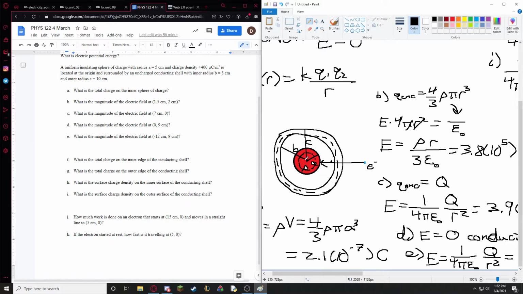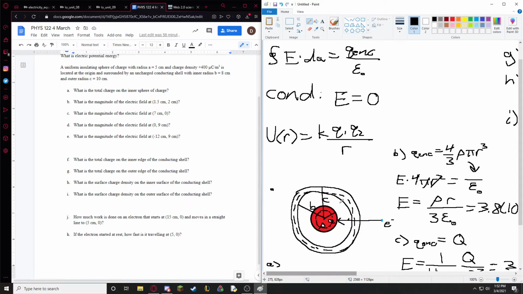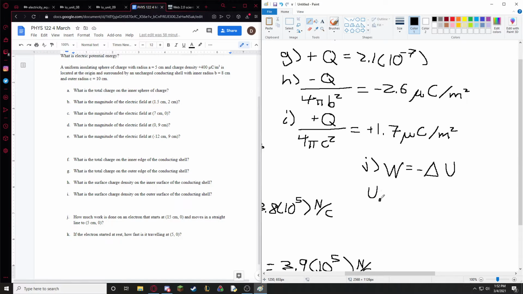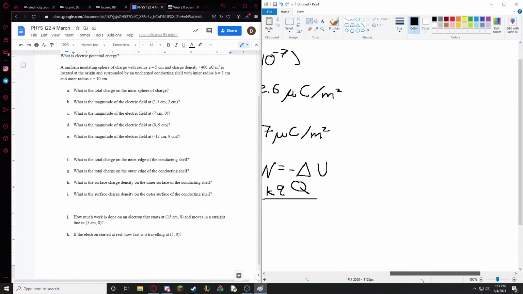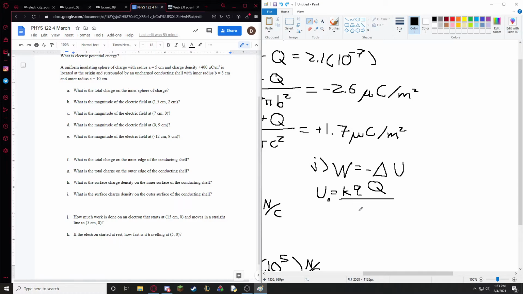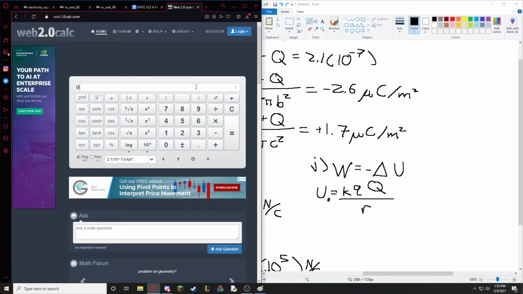And so we can treat this as just our point charge Q and use our U of r for 2 point charges to calculate our initial potential energy. So U naught is equal to k, q_e, which is our electron, we'll just leave it as little q, times big Q of our charge distribution, over our radius r. If we plug values in, 9 times 10 to the 9, what's the charge of an electron in coulombs?